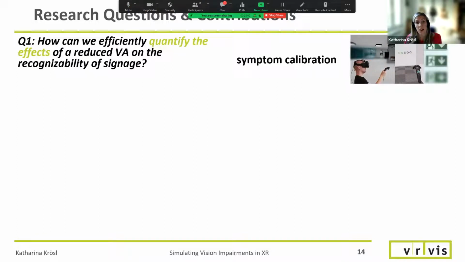And this then allows us to run user studies in VR with a lot of people with the same simulated visual acuity, which means it is suddenly easier to get enough participants with the same visual acuity to do a meaningful statistical analysis of the results.